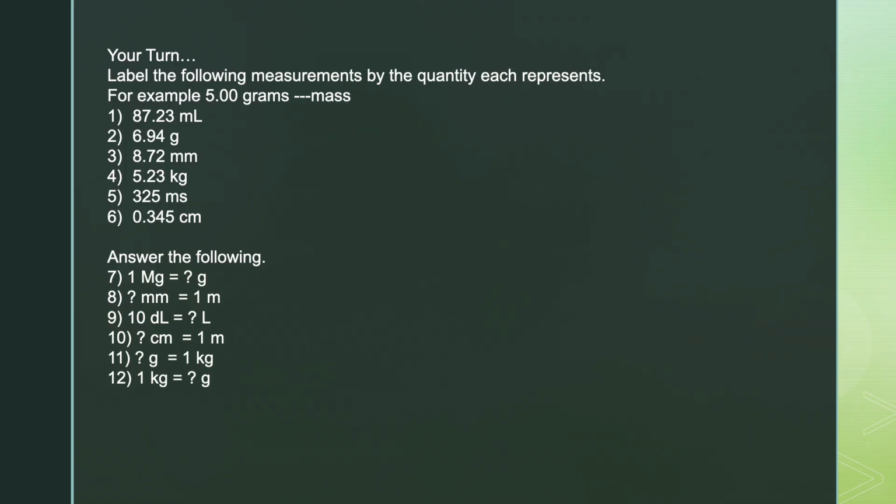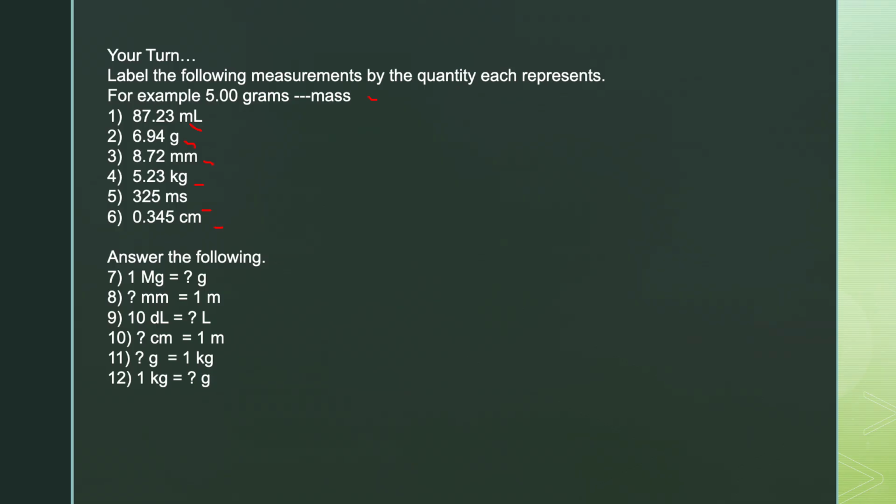Some practice right now. What I'd like you to do is, using your reference sheet, to go through and answer these. You'll need to pause the video for a moment so that you can answer. At the top, you're looking at your units and telling me, what is the unit measuring? And I gave you an example here, 500 grams. Grams is going to measure mass.